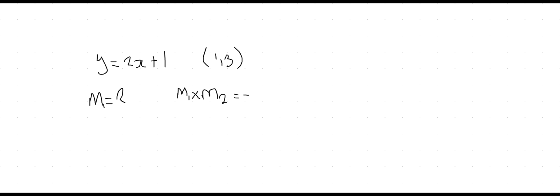So using this, we can compute the gradient of the line that we're looking for. So our m1 is 2 multiplied by m2, which is equal to -1. When we divide both sides by 2, we find that our gradient for that line is simply -1/2.